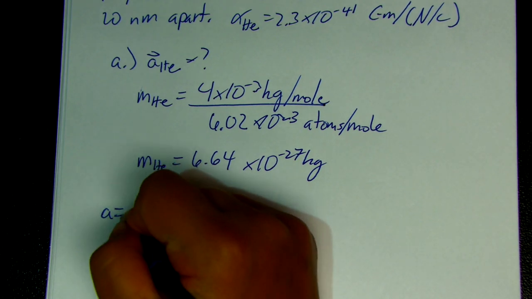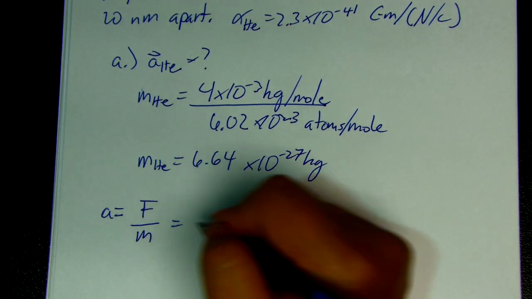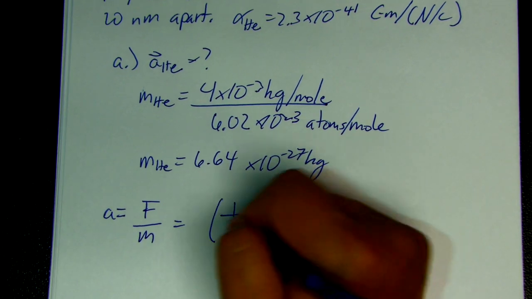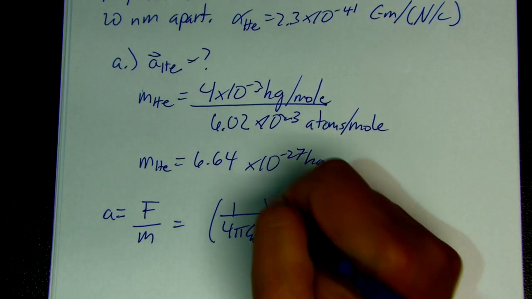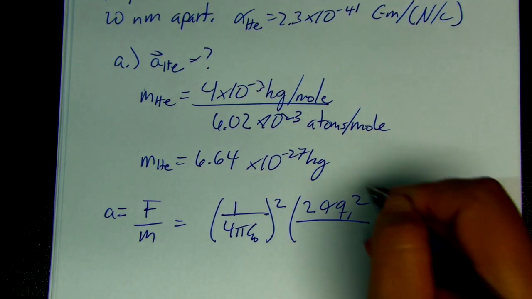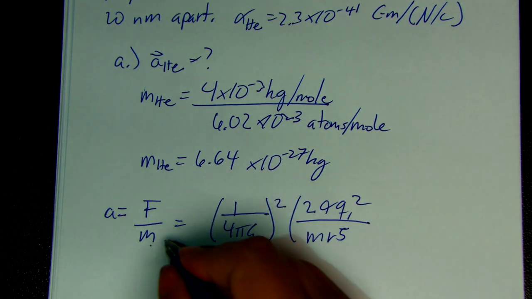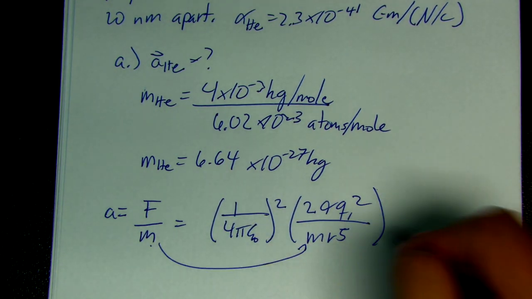We know acceleration is equal to force divided by mass. So the acceleration is 1 over 4 pi epsilon naught quantity squared 2 alpha q1 squared over m r to the fifth. So that's bringing in that mass right there.